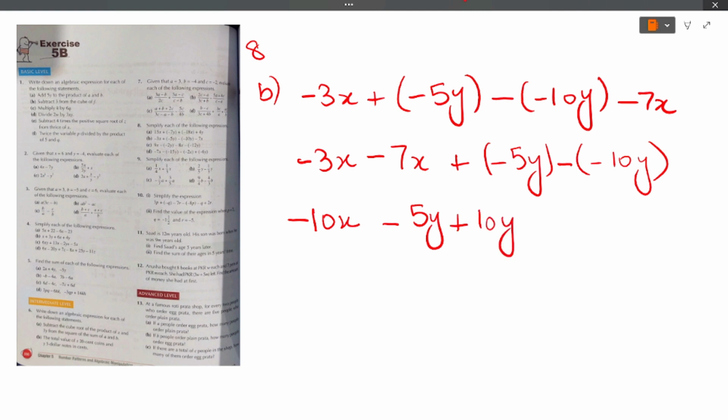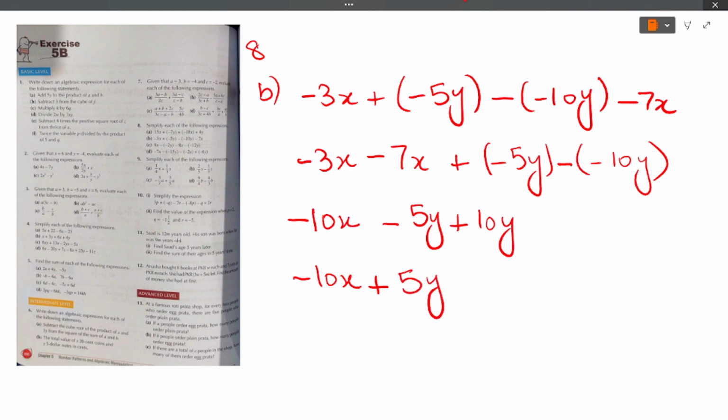Well done. So now simplify this one as well. Minus 10x. One value is minus and the second is plus. So we are going to subtract them but write the sign of the bigger value. What is the sign of the bigger one? Yes, plus, and 10 minus 5 will be 5y.